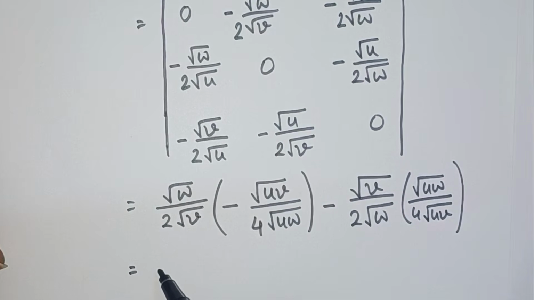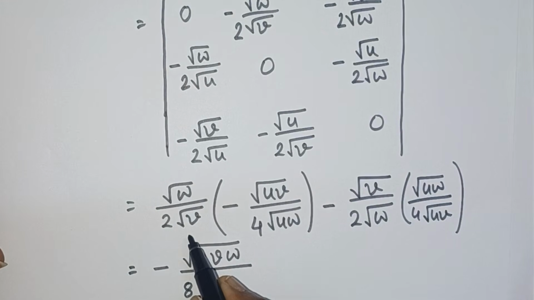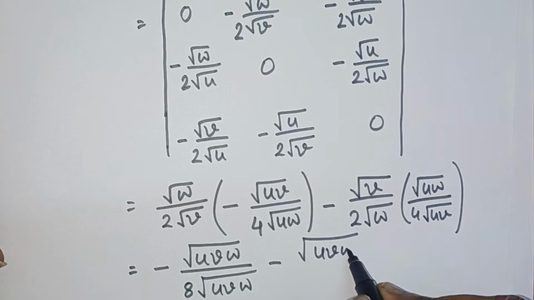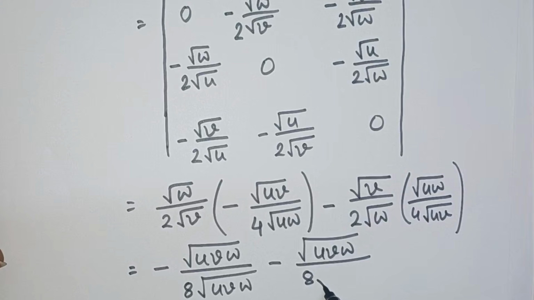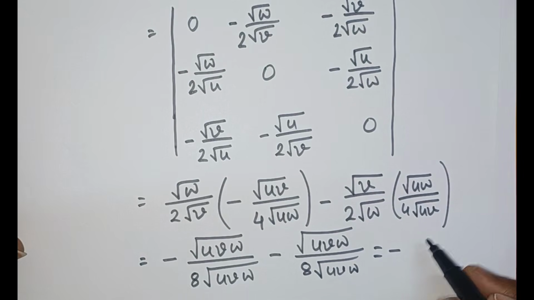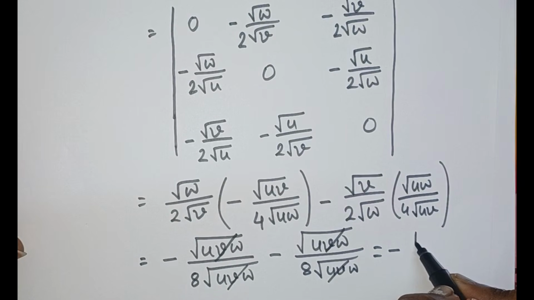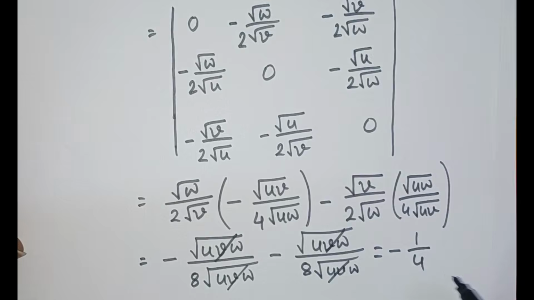That is minus square root of uvw by 8 into square root of uvw, minus again square root of uvw by 8 into square root of uvw, which is equal to minus, you can see that these two are cancelled out. So minus 1 by 8 minus 1 by 8, that is minus 1 by 4.